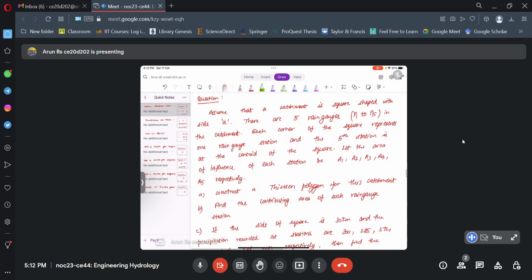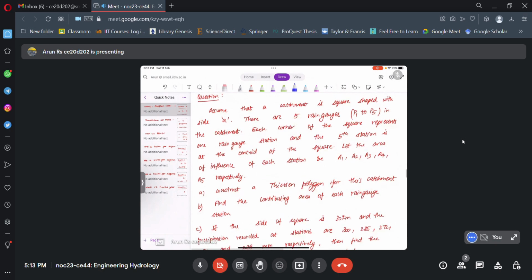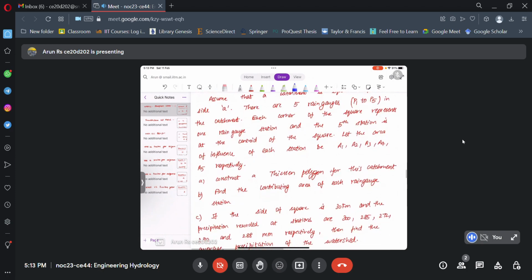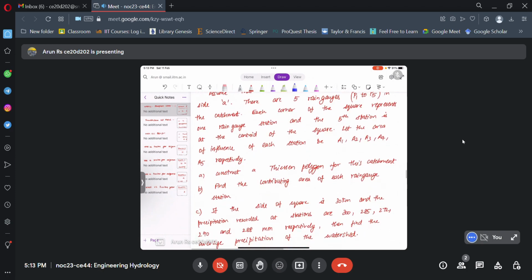So now we can solve a question related to the Thiessen polygon. Here the question is, assume that a catchment is a square shape. In reality it will not be a square shape, so we are just assuming it with side A. There are 5 rain gauges P1 to P5 in the catchment.